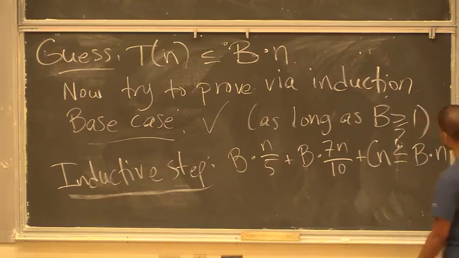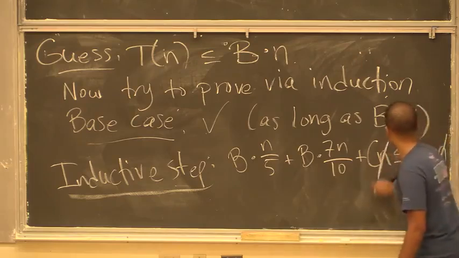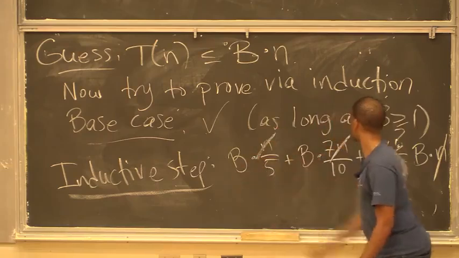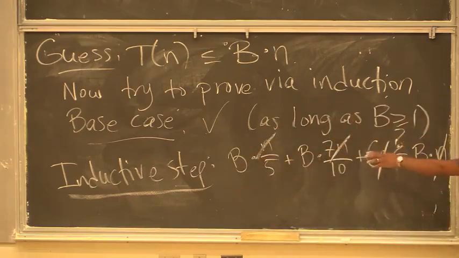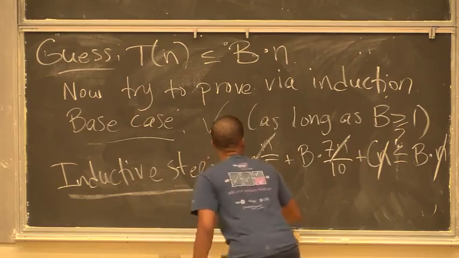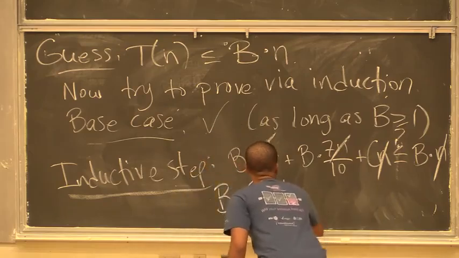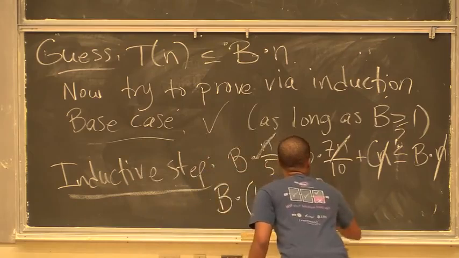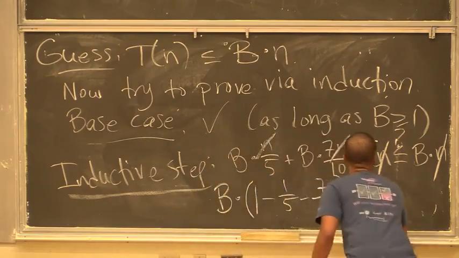Let's rearrange this. First of all, I can just get rid of all the n's. And let me subtract off the things that depend on b to here. So is it true that b times 1 minus 1/5 minus 7 over 10 is at least c?